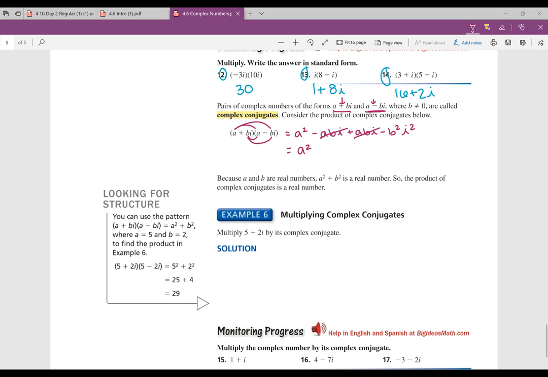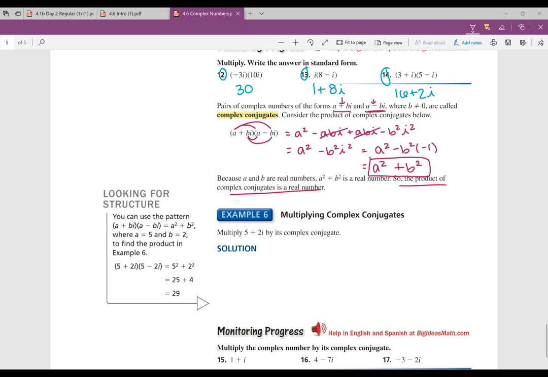Those are actually going to cancel out. And we just have minus b squared i squared. And we know that i squared is negative 1. So really we have a squared plus b squared. So the product of complex conjugates will be a real number because our imaginary part will cancel out.